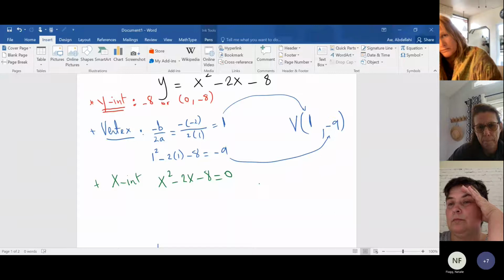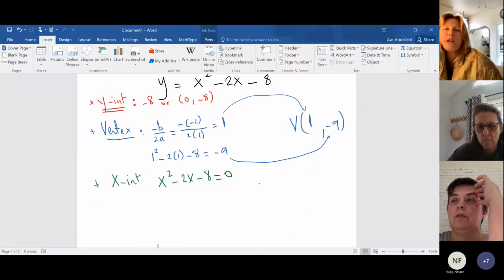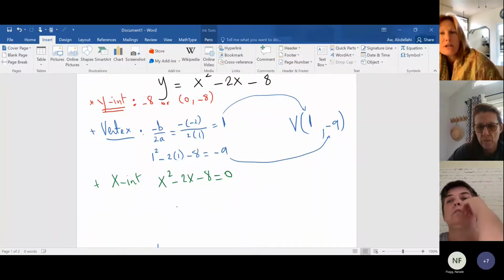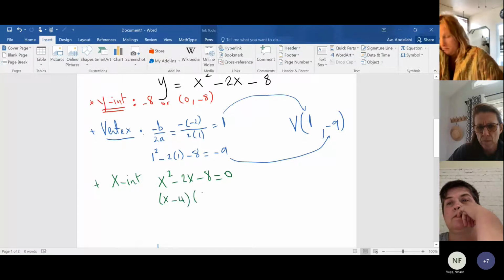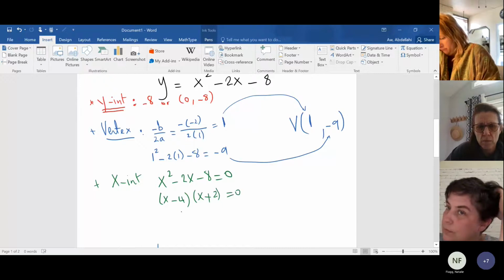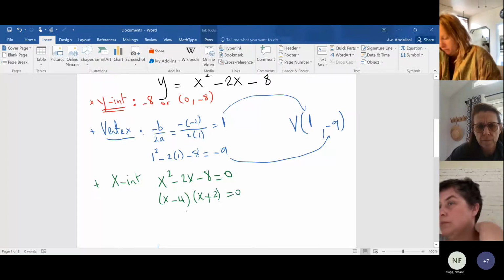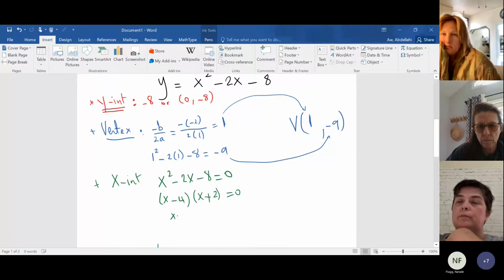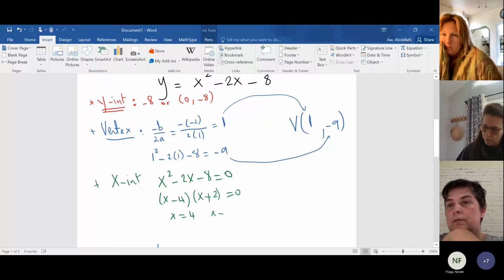Somebody, do you see any factoring here that we can do? x minus 4, x plus 2, thank you. If you don't see this, you can always use the quadratic formula. So we got x equals 4, x equals negative 2.